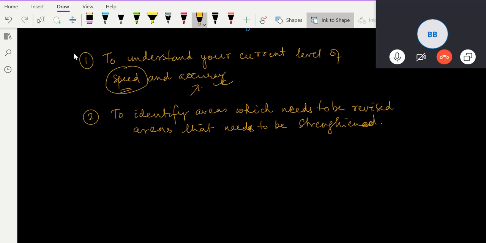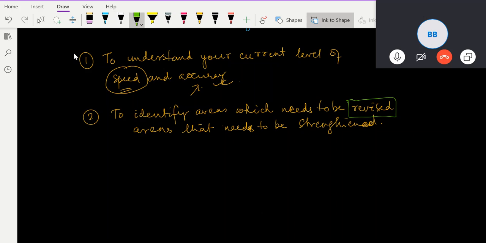These are the areas where we might have command over some topics, and some might be our weak points also. So we have to strengthen those. All of us, when we start preparing for the exam, because we've been out of touch for quite some time, will see that we have forgotten certain things, and though they are very easy, we just need to brush up.